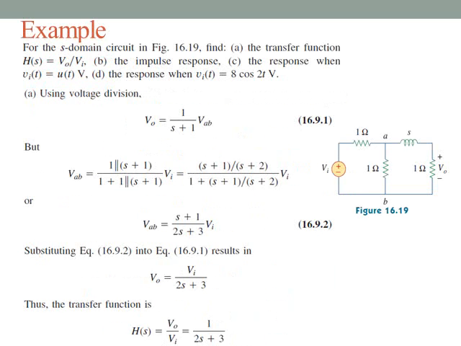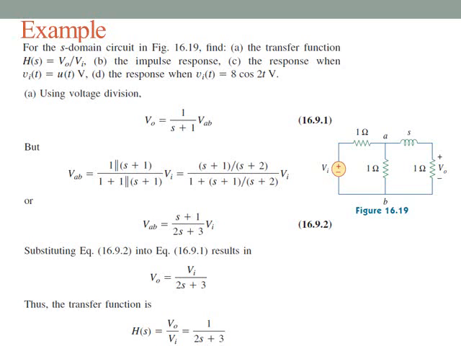Okay, this is the second example, and in this example we'll see many things in detail. First of all, for the S domain circuit in the figure, find the transfer function V out divided by V in. Let's discuss part A. V out is given across the 1 ohm resistor, and V in is the input voltage.